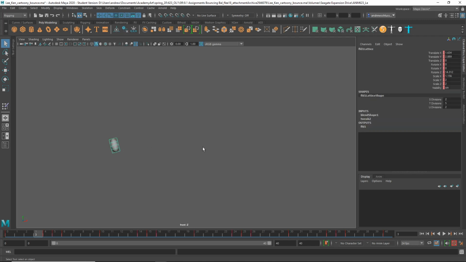And in fact, I should be able to see it in the scale. So the scale y and z are remaining the same, while x is decreasing.